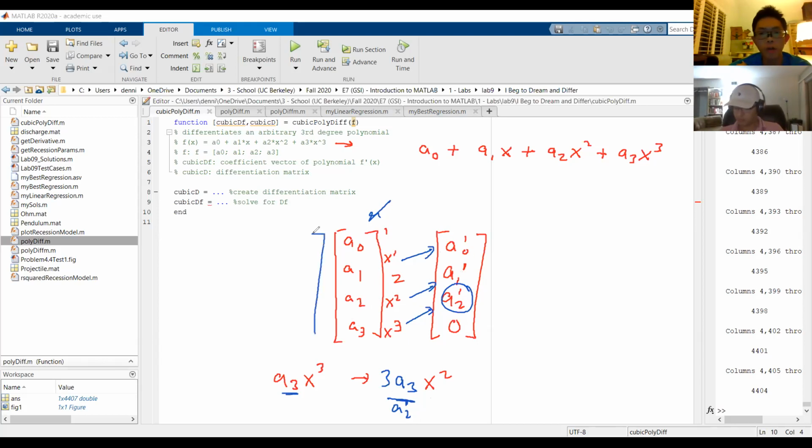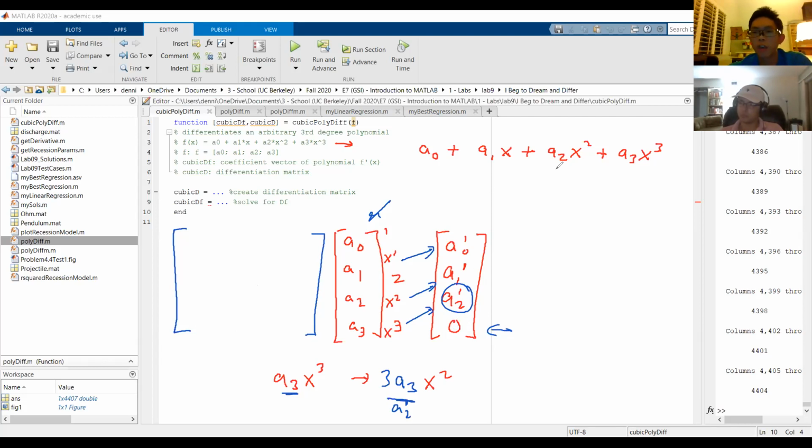So the way we construct this differentiation matrix is like this. I want to take all of these coefficients, a0, a1, a2, a3, and use those to find the exact element of that row. Let me demonstrate what I mean by that. How do I know this last one's 0?